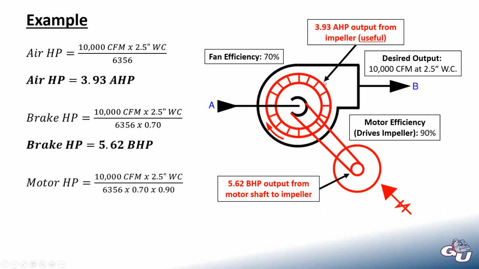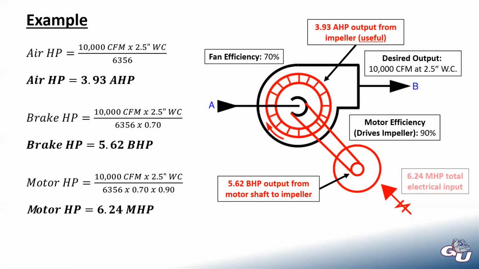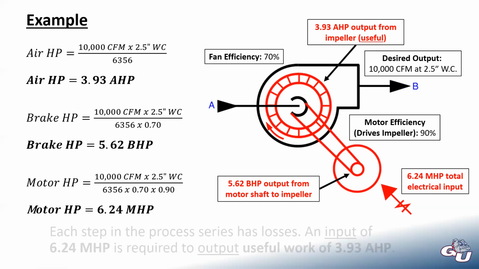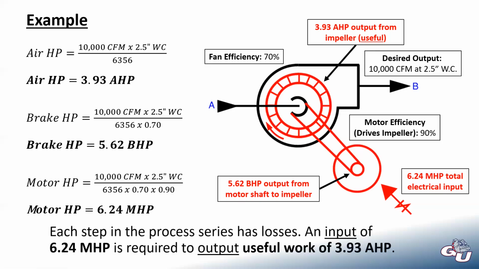And if we take that one step further and try to figure out our total electrical input at the start of this process, now we factor in our 90% motor efficiency. And that ends up being 6.24 motor horsepower. And that's our final electrical input at the start of this process. So every step in here has some losses. And at the end of the day, we are paying for this 6.24 motor horsepower.